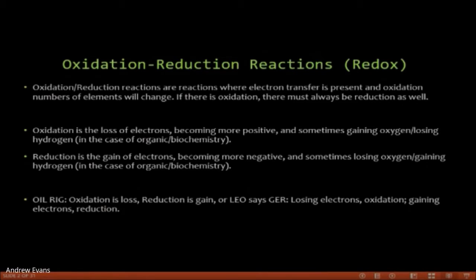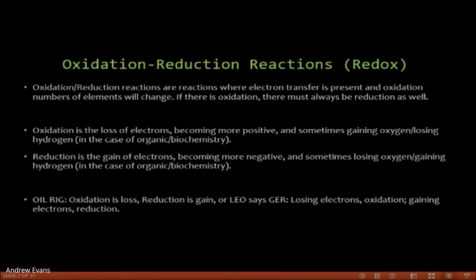So the first thing we should do is to remind ourselves what they are, because not everyone has a photographic memory that can call back first semester where we talked about reactions where electrons got transferred. So oxidation reduction reactions are reactions where there's electron transfer. And one of the key components here is the oxidation number of an element will change.